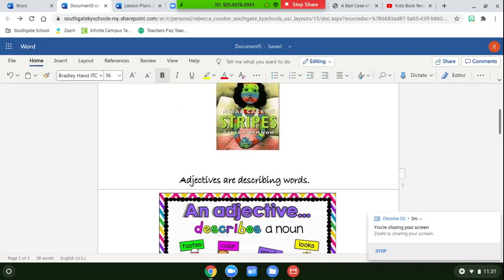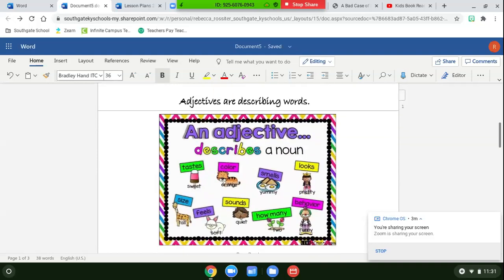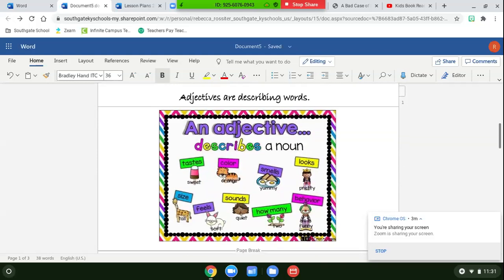So adjectives are parts of sentences that we use all the time to make our sentences much, much better. You've probably heard of nouns. Nouns are people or places or things like student or teacher or house or King's Island. All of those are nouns.